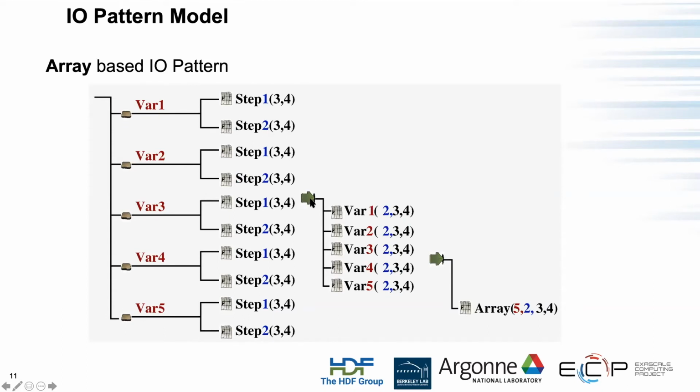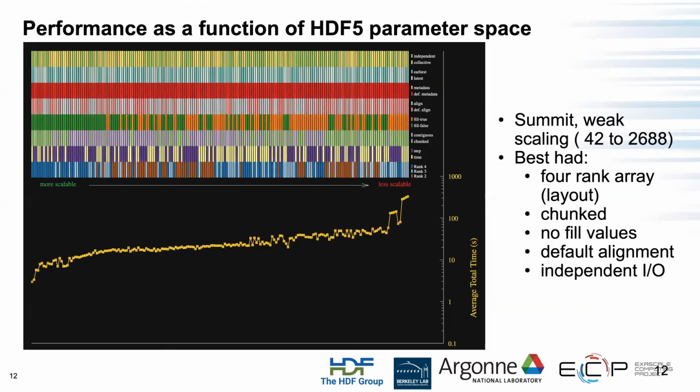Then you can combine those steps for each variable. And then finally, you can combine all those variables into one array. So this would be your 5 variables, your 2 steps, and then the dimensions themselves. So that's what we mean by using an array-based IO pattern. Those are typical 2 types of patterns that users explore.